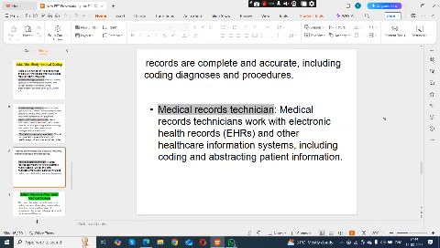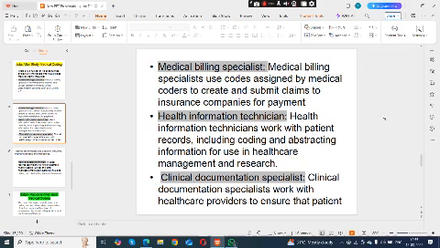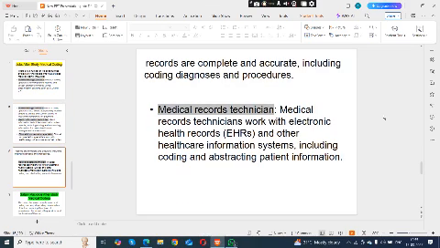Coming to the medical record technician, they work with electronic health records and other healthcare information systems, including coding and abstracting patient information.